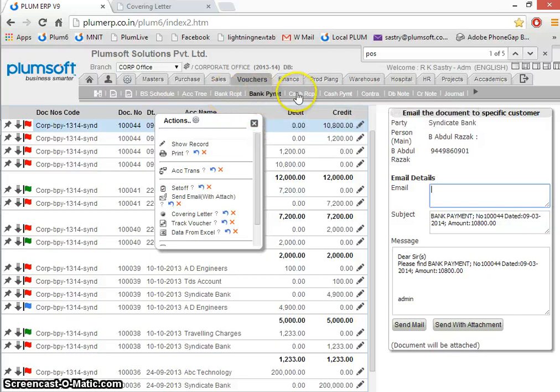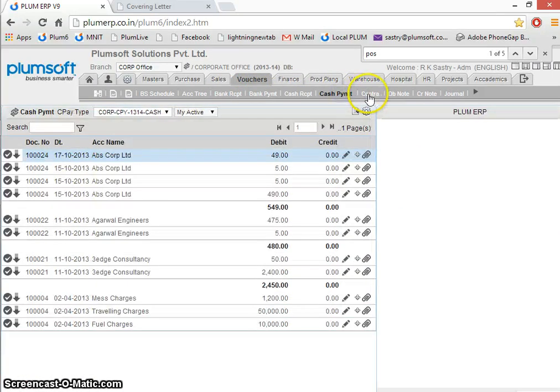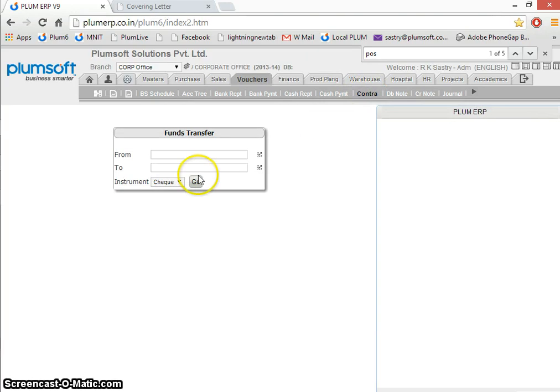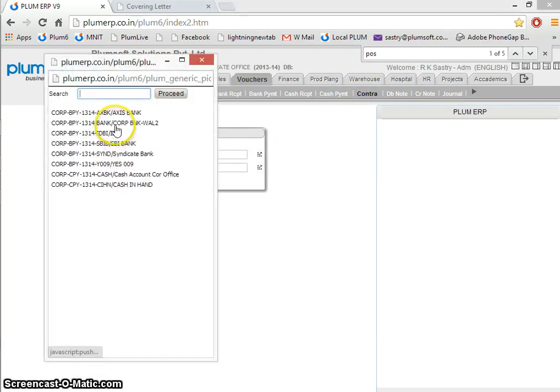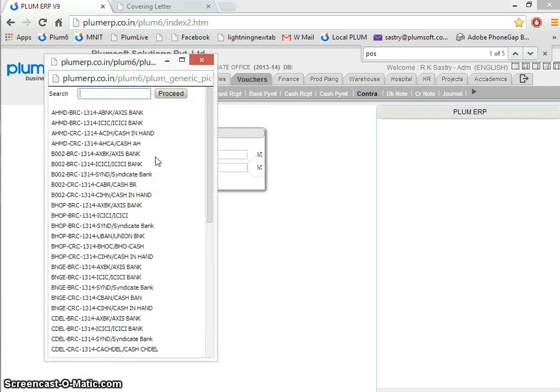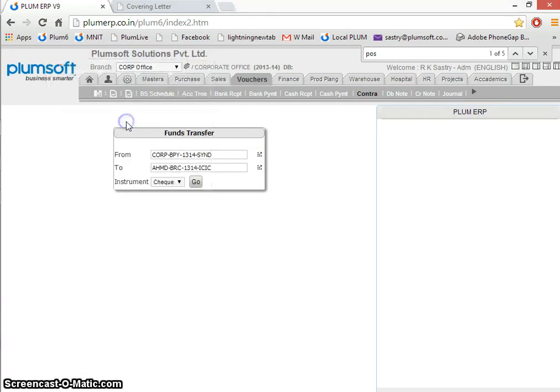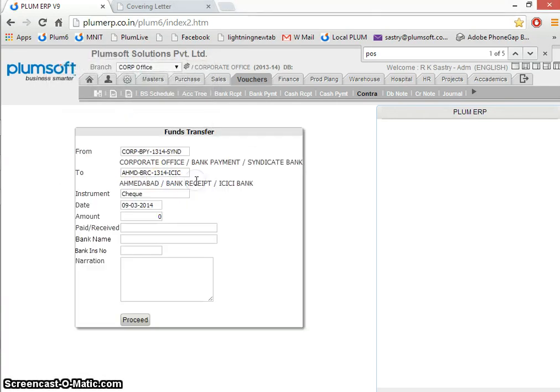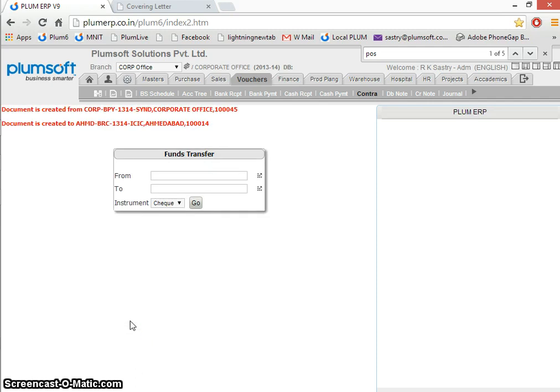Similarly, we have the cash receipt, cash payment, and contra, where the funds are transferred from one bank to another. Suppose I take Syndicate Bank and I want to transfer the funds to maybe ICICI, and it is asking me about the amount, I will say 12,000 rupees, for whatever reason you indicate, and say proceed.